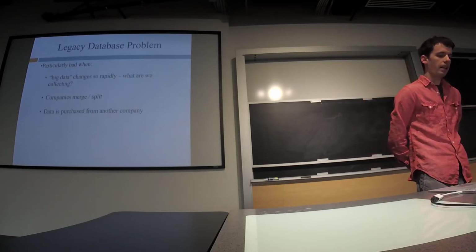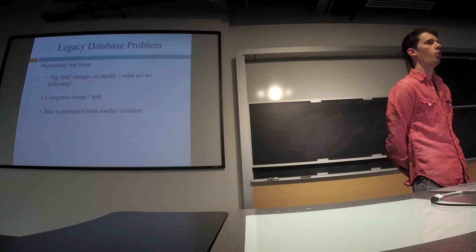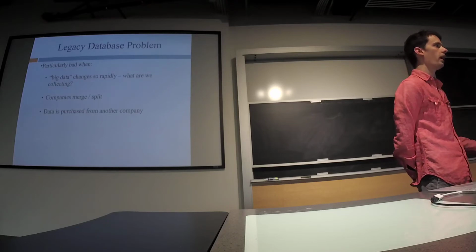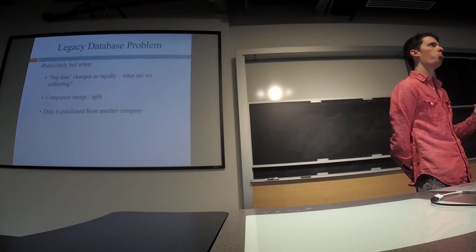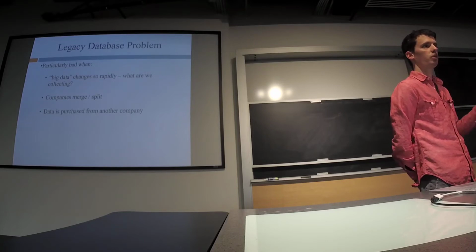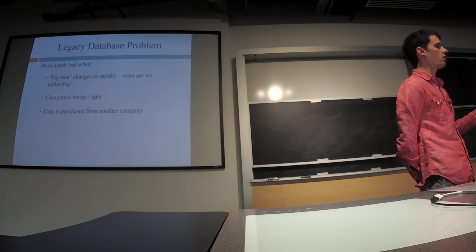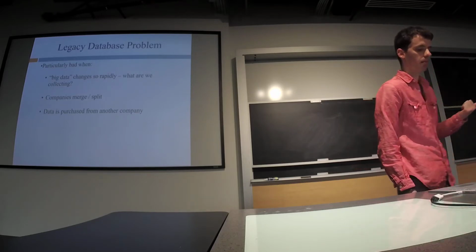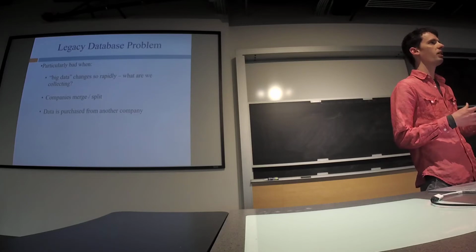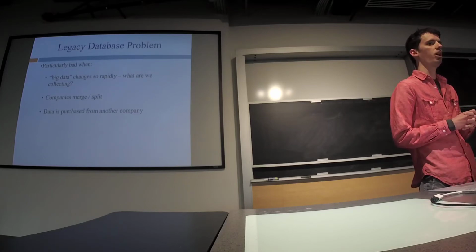And then this gets even worse in the modern era, when the data that big companies like Google and Facebook are using is changing so rapidly and unpredictably. A relational database may not really solve the problem.